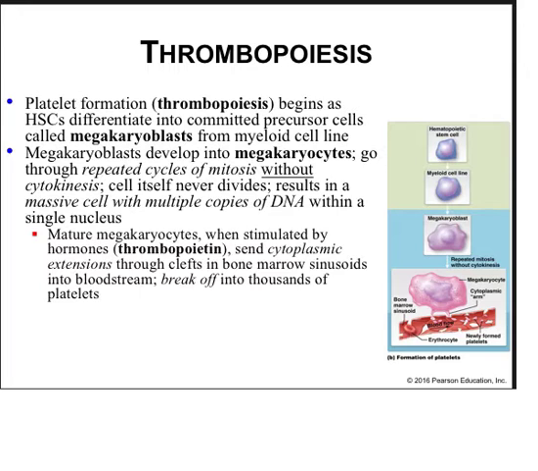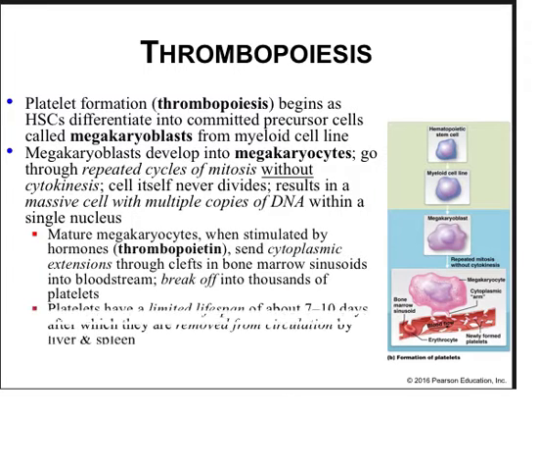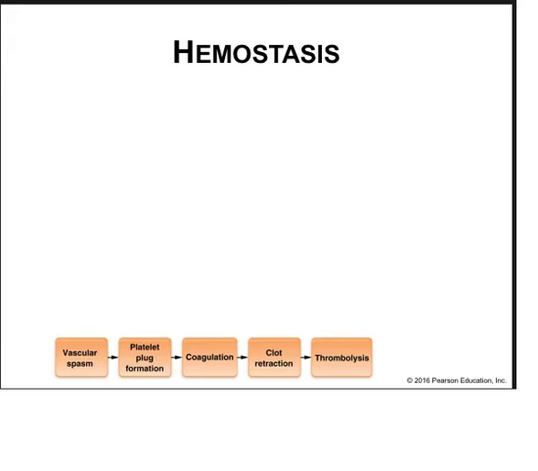The mature megakaryocytes are stimulated by thrombopoietins that send cytoplasmic extensions through clefts in the bone marrow sinusoids into the blood, and these break off into platelets. They have a limited lifespan. They last a little over a week, after which they're removed from circulation by the liver and the spleen.